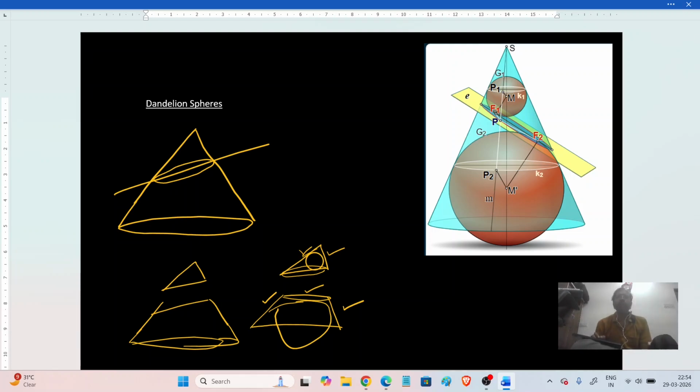Now a theorem that we are going to discuss is the following: these two spheres touch the elliptical plane E such that they touch this plane at the focus of the ellipse.